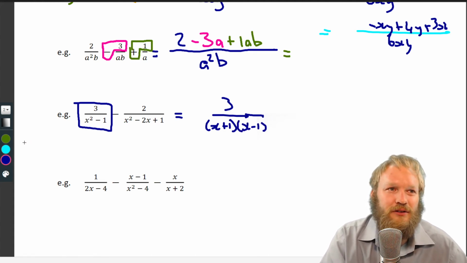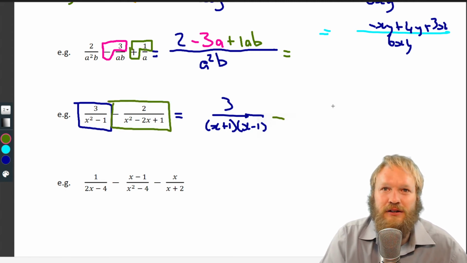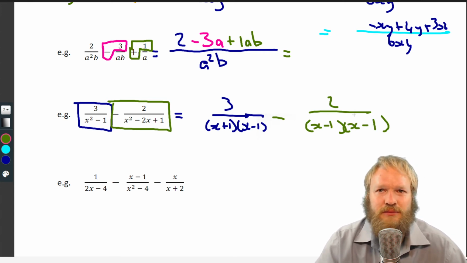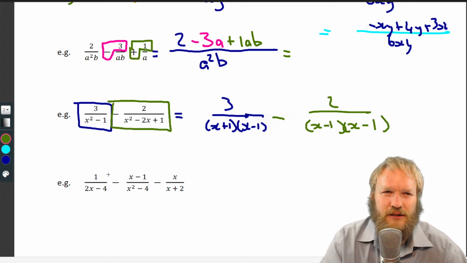And on our other one, we're going to look at this and say minus 2 over, and here we can factorize the trinomial, x squared minus 2x plus 1. This looks like x minus 1 squared. I'm going to write it as x minus 1, x minus 1, just so we can keep track of it nicely for now, but we could write it as the other.